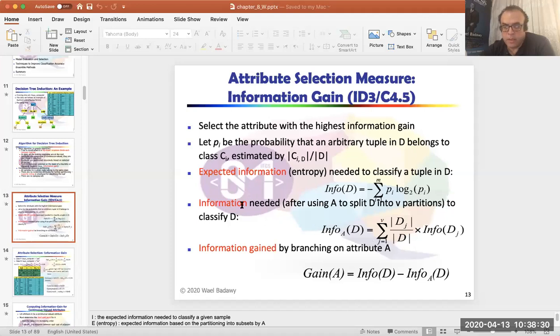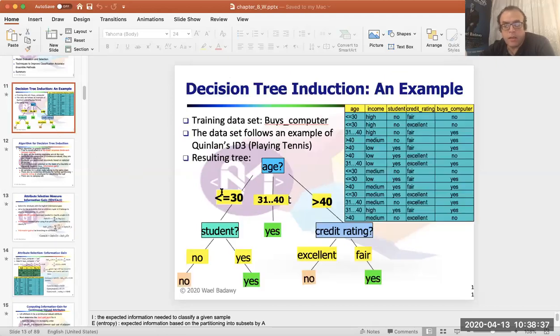As I repeat again, the information here will be the splitting between Dj or D, which basically, if I have the branches, is the probability of the amount of information I have in this branch divided by the amount of information over the whole set. This gives me the gain for this data.